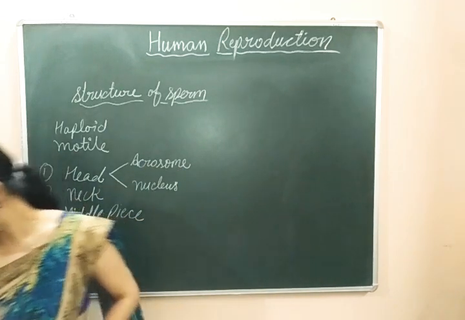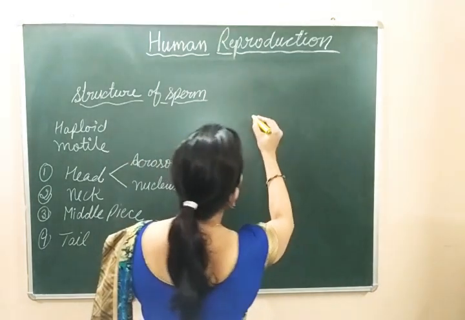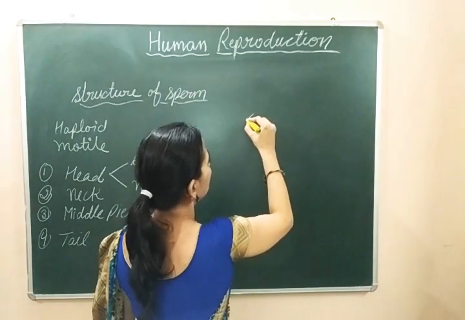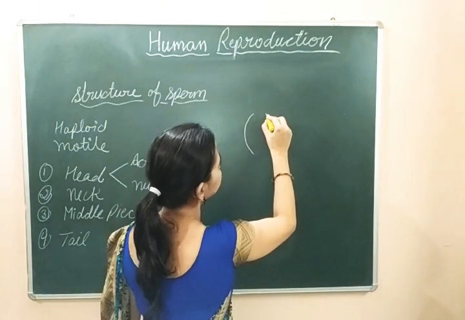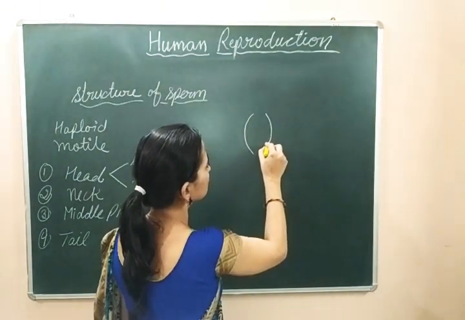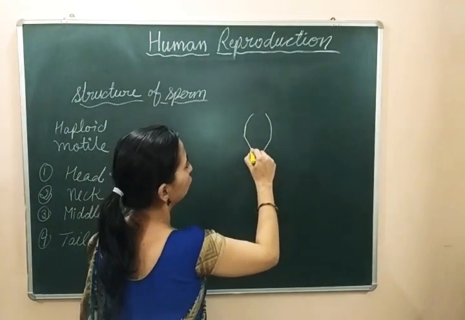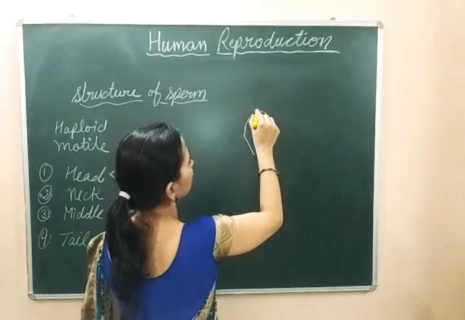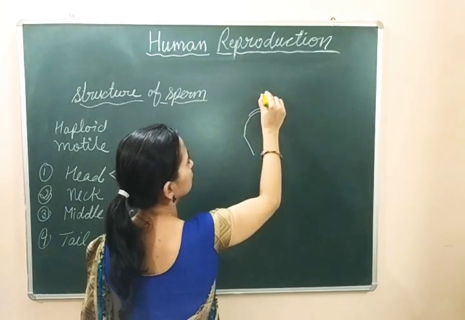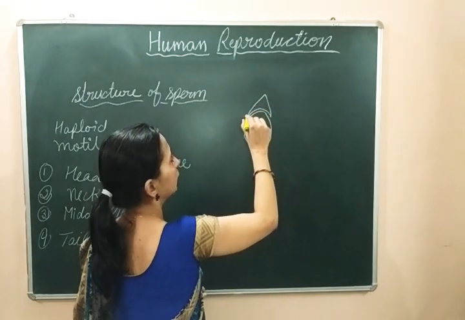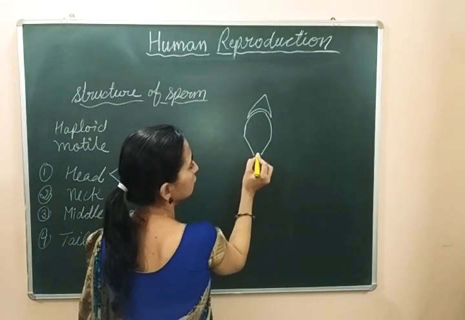Now let's see how we can draw the structure of human sperm. In the case of human sperm, the nucleus is an oval structure and at the tip of the nucleus, acrosome is present. यहाँ पे ऊपर की तरफ this part is the acrosome part and this lower part is the nucleus.